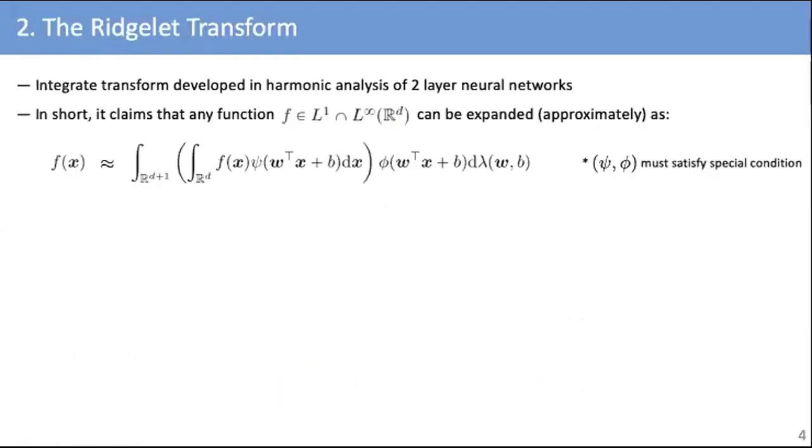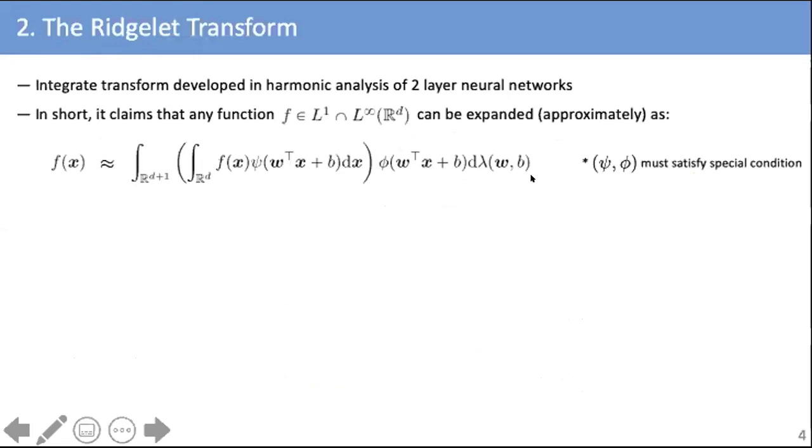Next, I'd like to introduce the Ridgelet Transform. The Ridgelet Transform is an integral transform developed in the context of harmonic analysis of two-layer neural networks. Roughly speaking, the Ridgelet Transform claims that any function f can be expanded as the following equation here.